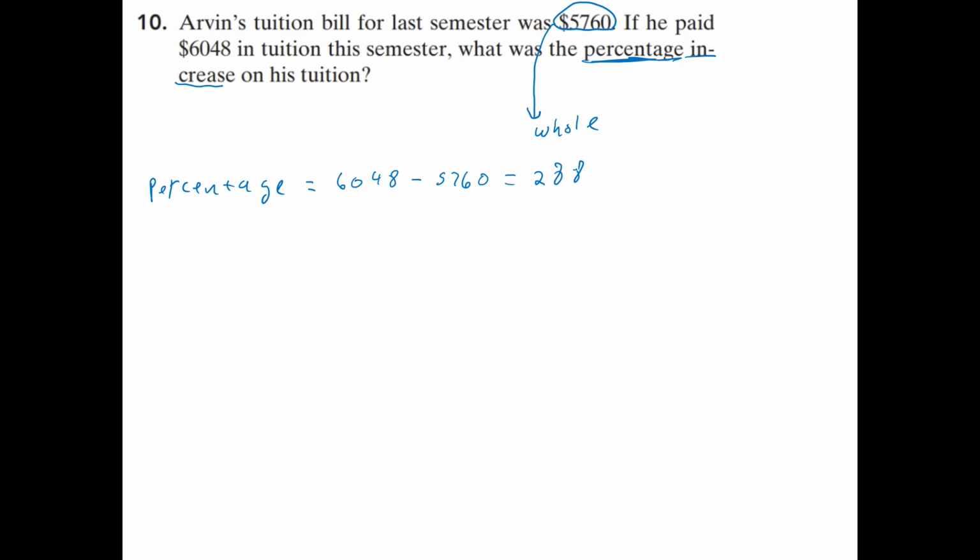And so then again, the percent is equal to the percentage divided by the whole, right? So the percentage is 288. The whole is whatever you started at, 5760. And then you have 288 divided by 5760. The calculator tells me that this is a 0.05 rate, and we can write that as 5%.